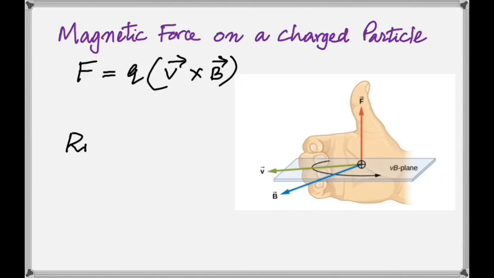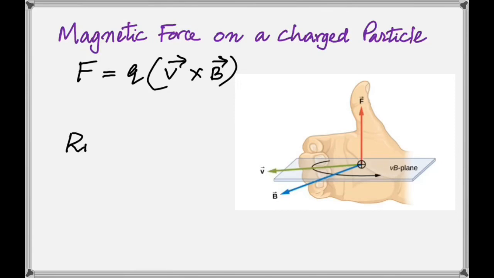Remember the right-hand rule? Just as a review, what do the fingers represent first when you stretch them? They represent the velocity. But you're talking about a positively charged particle.